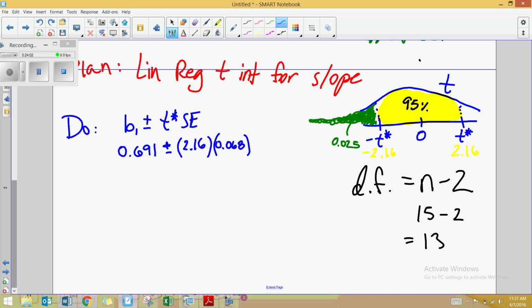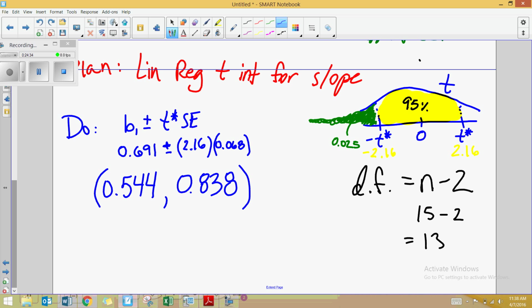You should end up with an interval of 0.544 approximately, and 0.838. Okay, just depending again on how many decimals you carried out from the computer output.